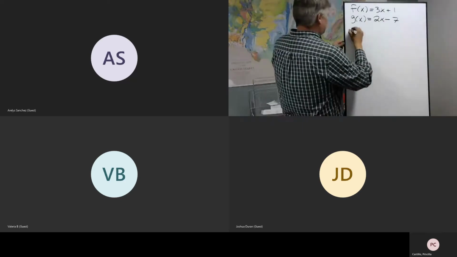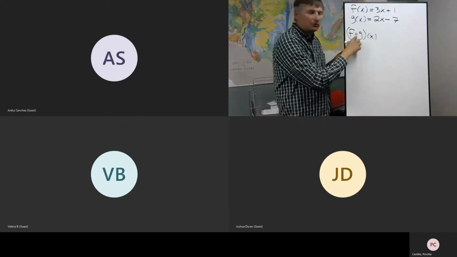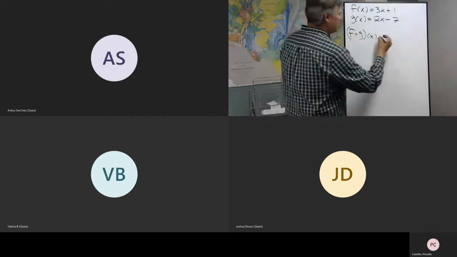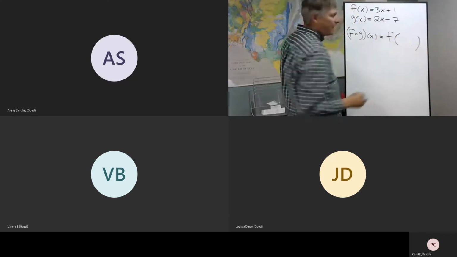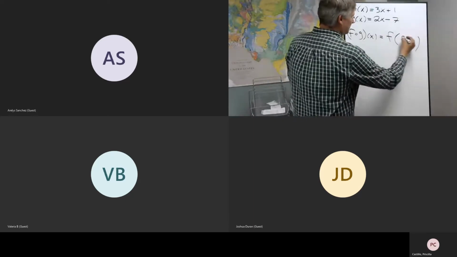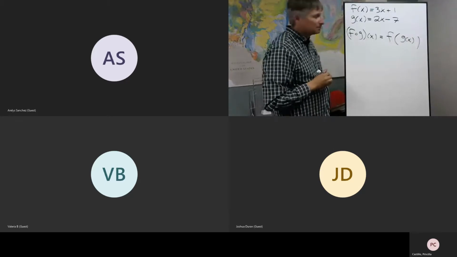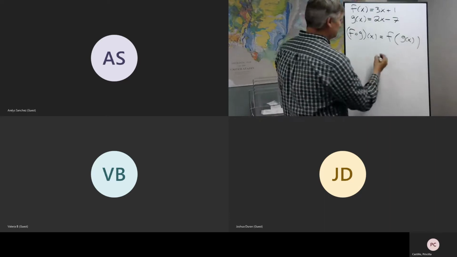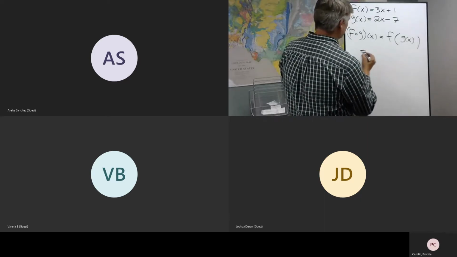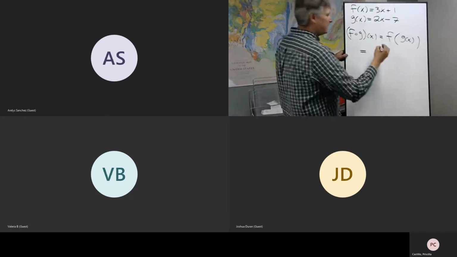So this f∘g in this little circle means we replace the x in f with the entire function g of x. So what this looks like for us is we're going to replace the x in f with g of x.